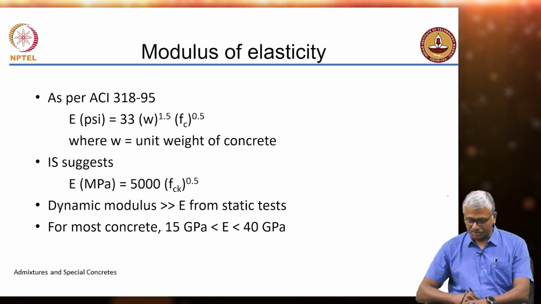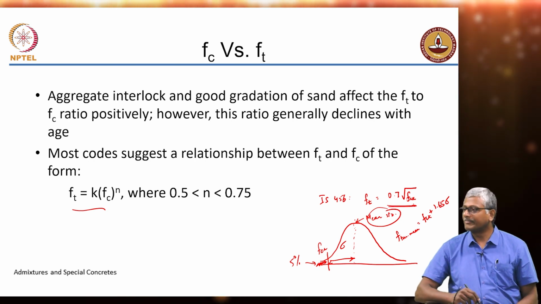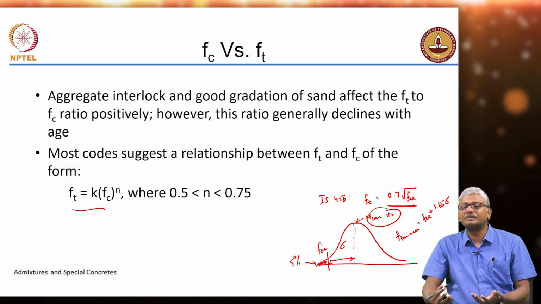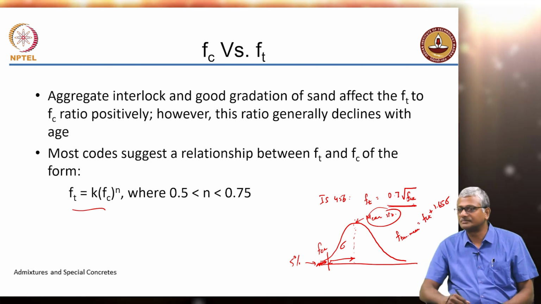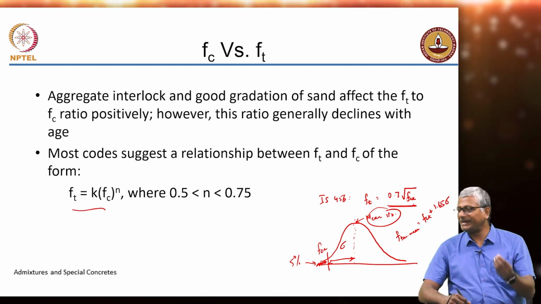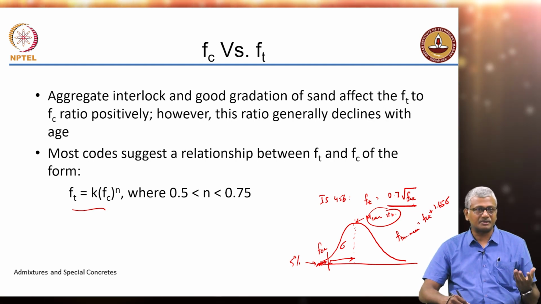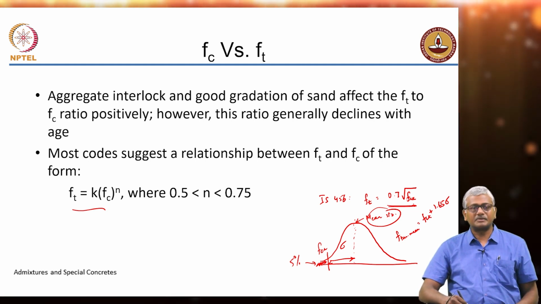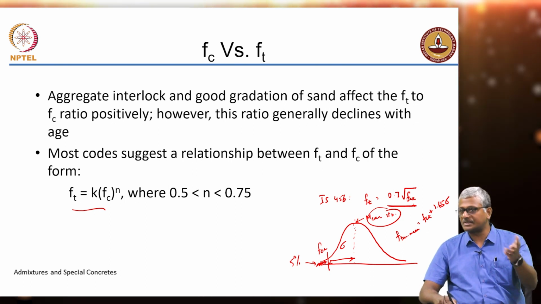So all of these relationships, even this tensile strength relationship of 0.7 square root of FCK, there is no physical meaning of that, right? Why should one strength be related to square root of another? Doesn't make sense, right? So it's basically all data that has been compiled over many years, and people have taken advantage of the data to sort of prescribe this relationship that makes it easy in a construction project to proceed without testing the flexural strength directly.